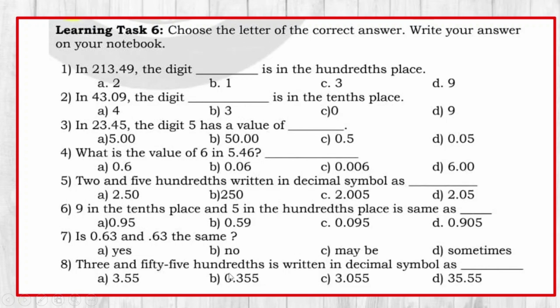Yes or no? Number 8, 3 and 55 hundredths is written in decimal symbol as. Okay. So that is Learning Task 6. There is a multiple choice. So you're going to choose the correct answer.